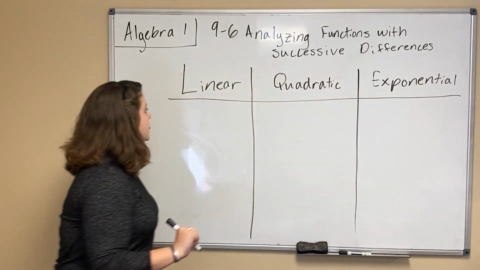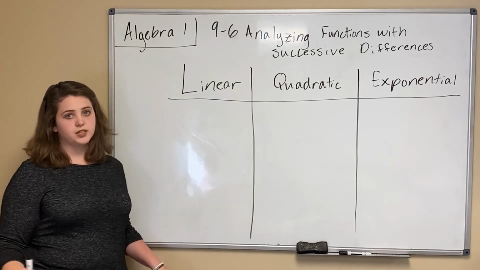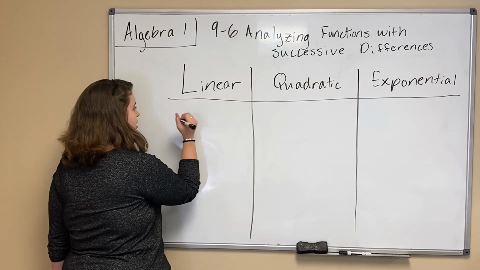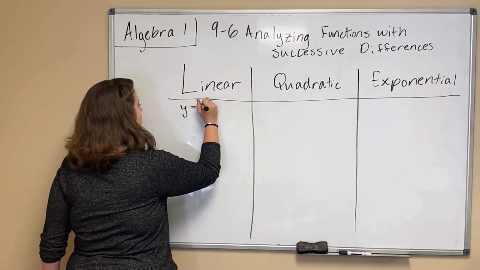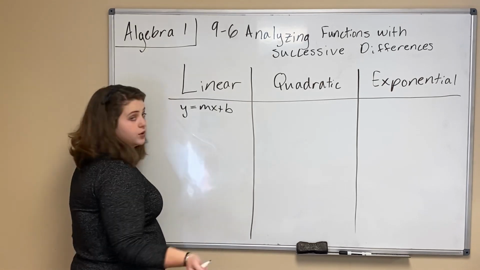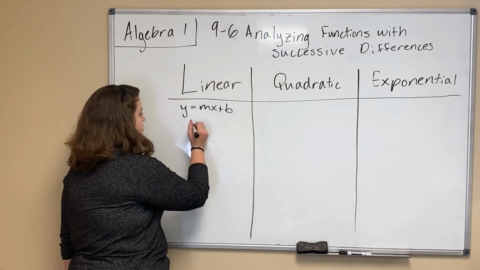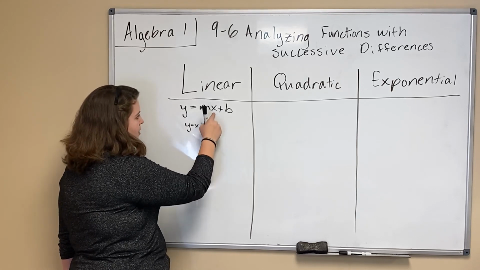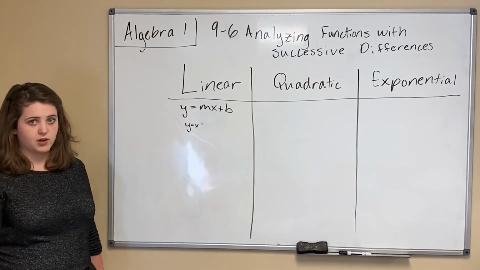Okay. Now, in a linear function, you remember the standard form of our linear equation was y equals mx plus b. The root of that is just y equals x to the first, anything where our x's exponent is just 1.